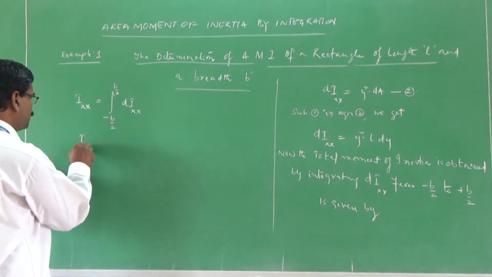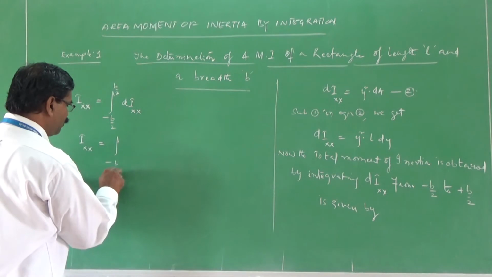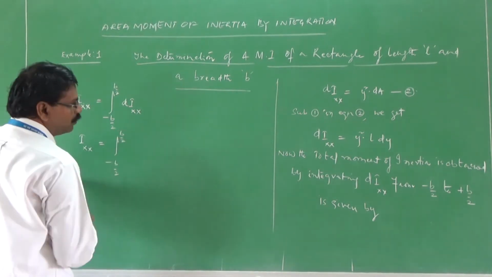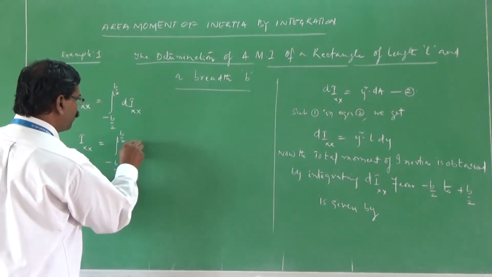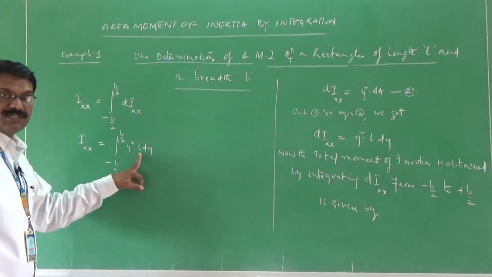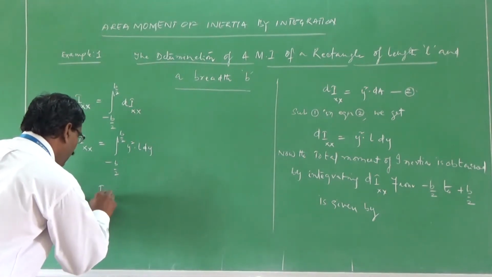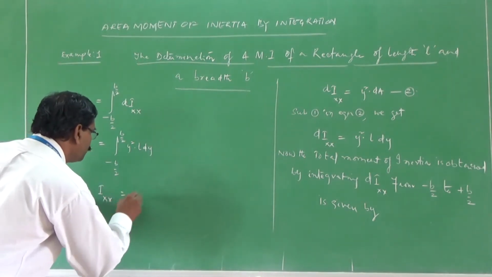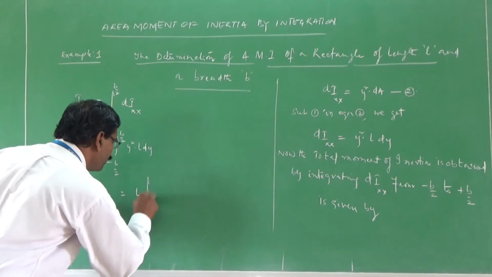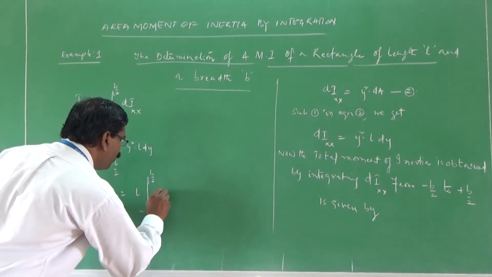Therefore, Ixx is equal to integral minus b by 2 to plus b by 2 y square into L dy. As L is constant, take it out of the integral, we get Ixx is equal to L into integral minus b by 2 to plus b by 2 y square dy.